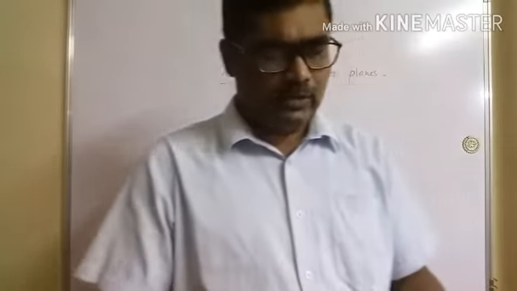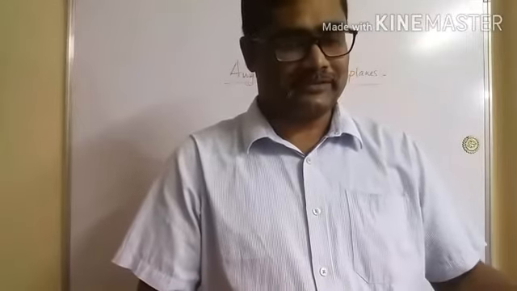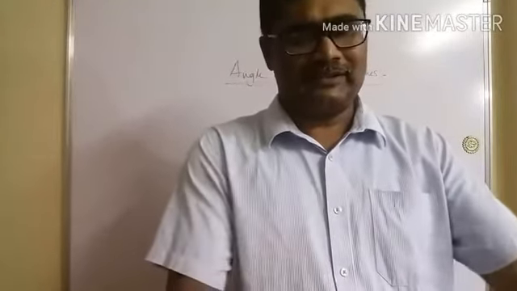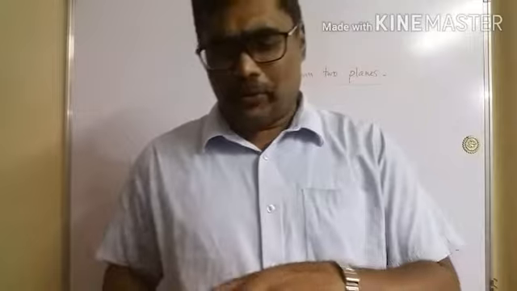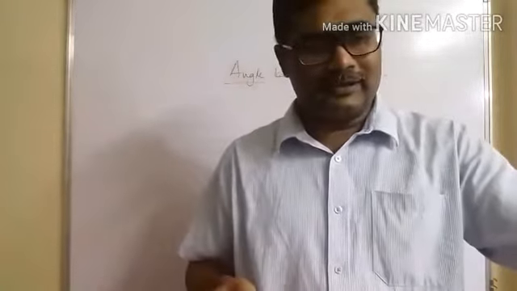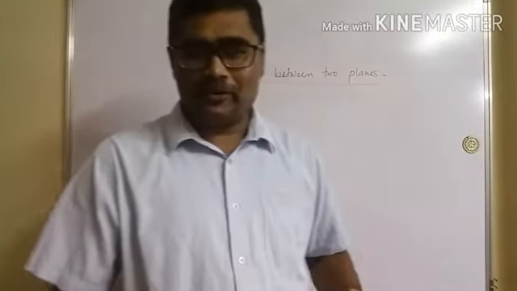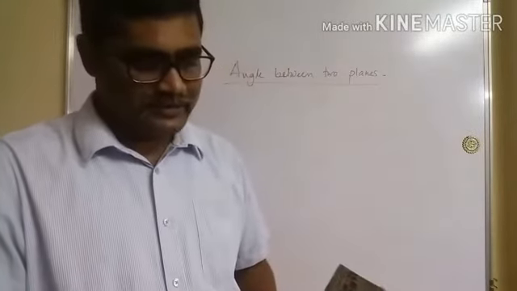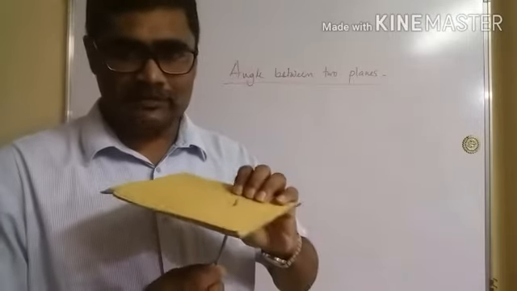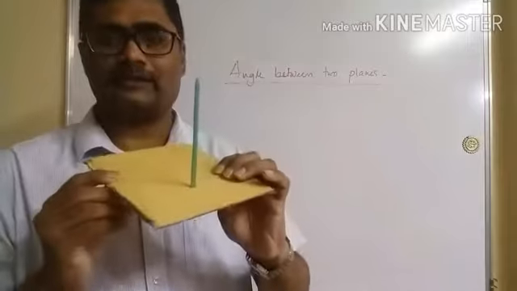just always remember, once you imagine a plane, what should come to your mind first thing? Whenever you are talking about a plane, what should come to your mind? That with respect to that plane, there is a normal, right? There is a normal to the plane.